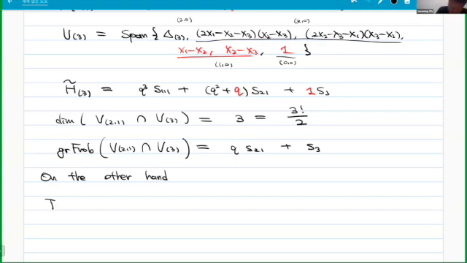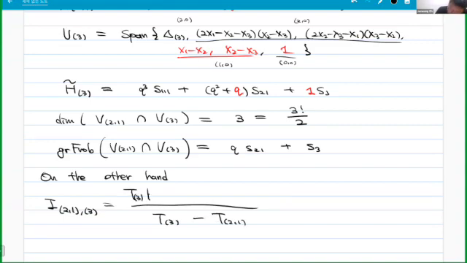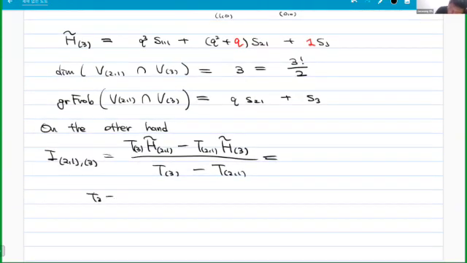And on the other hand, we can calculate the Macdonald intersection polynomial I(mu_2,1; 3), which was defined by 1 over T_3 minus T_21 times (T_3 times H_21 minus T_21 times H_3). And T_3 is 1 times q squared, so it's q cubed.